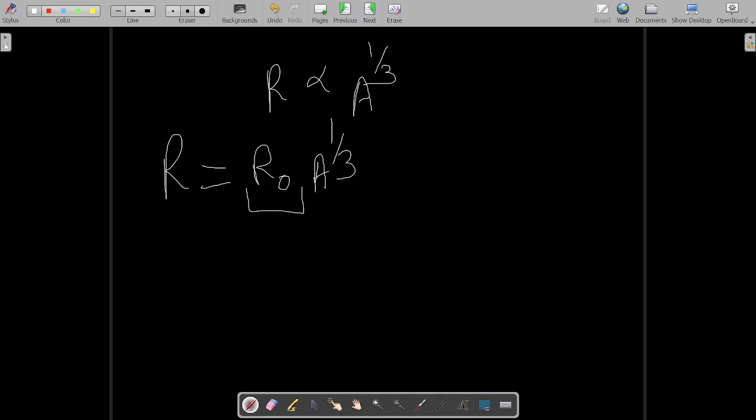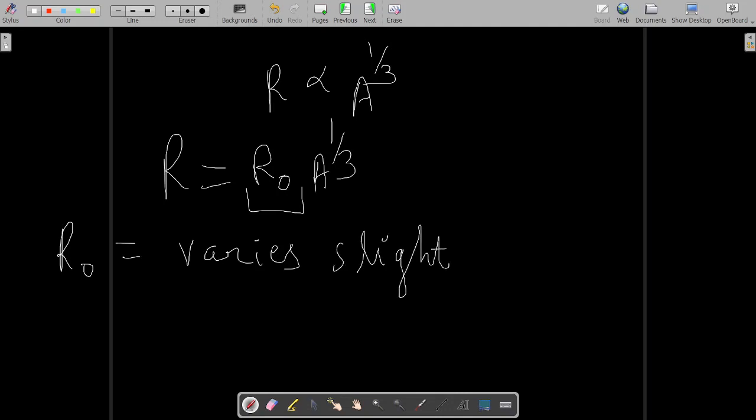So this R naught is the proportionality constant between atomic mass number and radius of the nucleus. What is this?